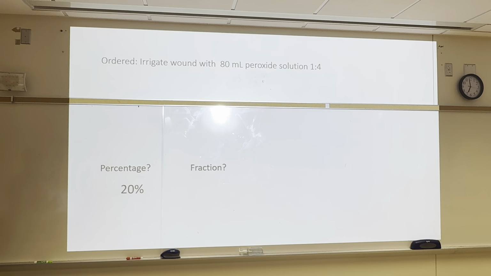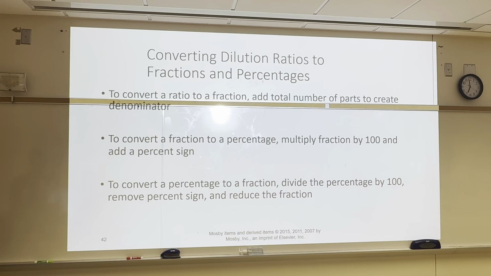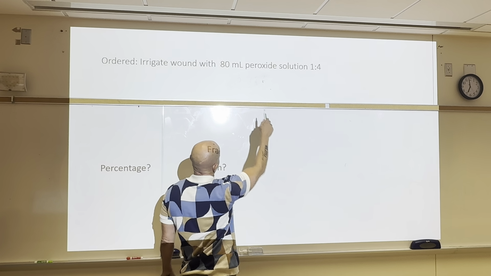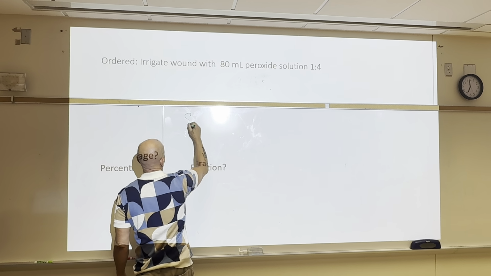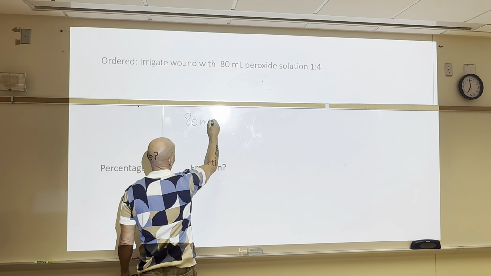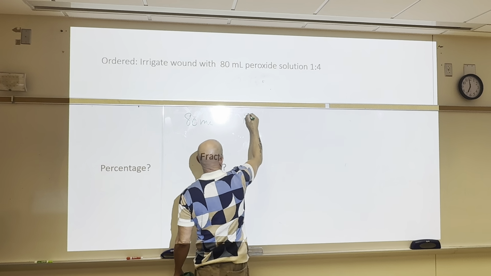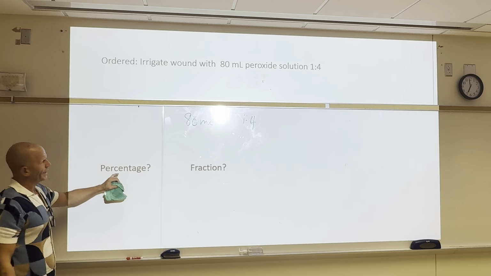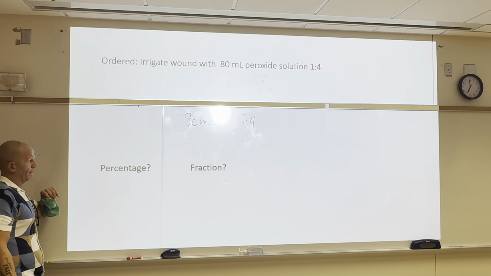So let's do this one. It says irrigate your wound with 80 mLs of peroxide solution. 80 mLs, and it's a 1-to-4 solution. So what is the percentage of this?